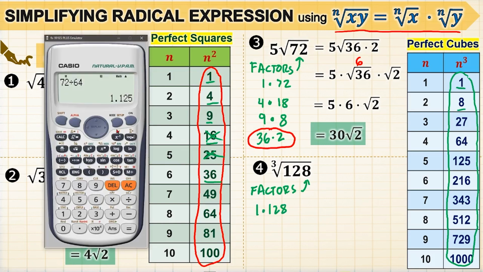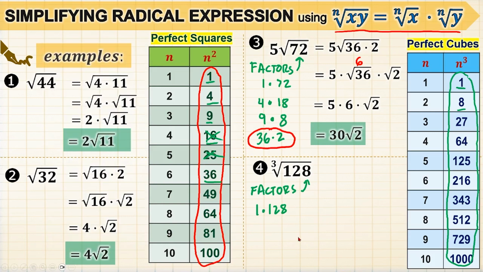So, katulad lang din ng ginagawa natin kanina, let's try dividing 128 by 8. Yung susunod na perfect cube is 8. So, divide natin. Possible ba? Yes. So, we can say that 8 times 16 is equal to 128. So, yan yung susunod na perfect cube factor niya.